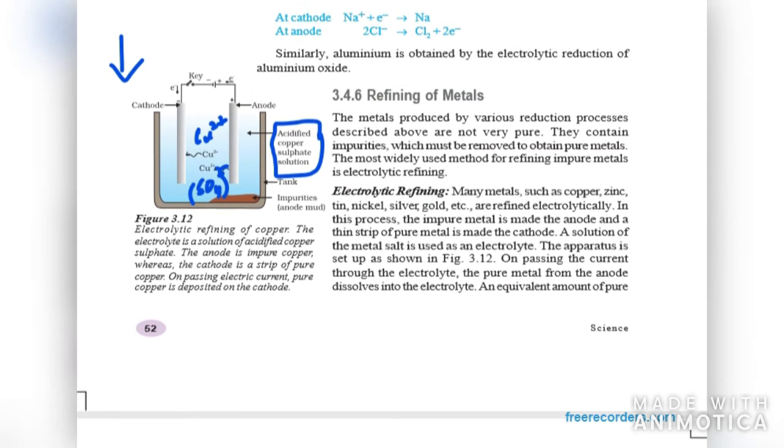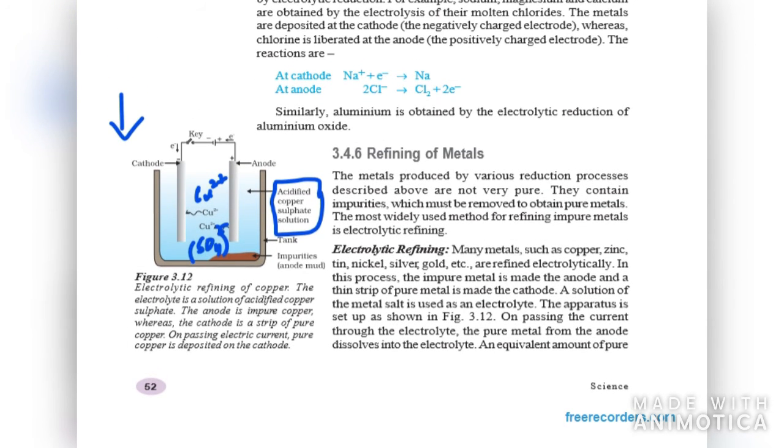So remember this, we have impure metal on the anode first, then we have a thin strip of pure metal at the cathode. A metal salt is used as an electrolyte. Whatever metal you want to have should be used as the electrolyte.